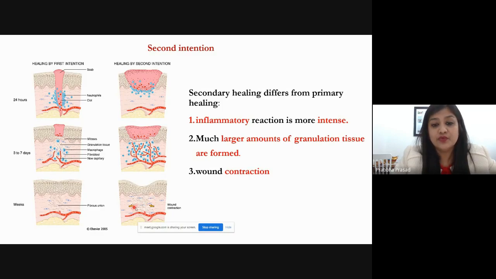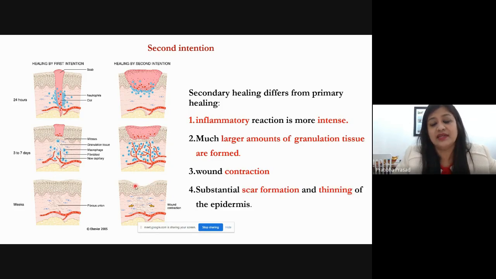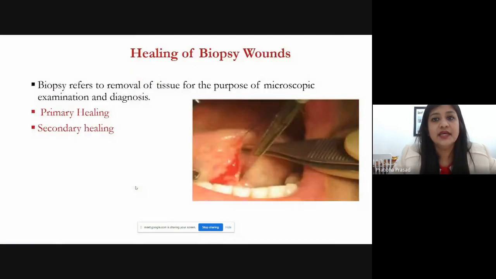So the wound kind of undergoes contraction, and the epithelium which results could be thinned down and could result in scar formation, especially in the skin, in the dermis area. You know that there is vermilion border which has both skin and the oral mucosa, right? So some of the examples of oral wounds which undergo healing by both primary and secondary intention could be healing after you take a biopsy.